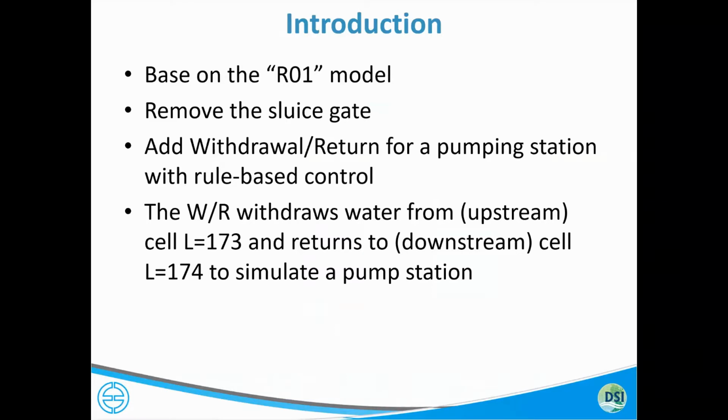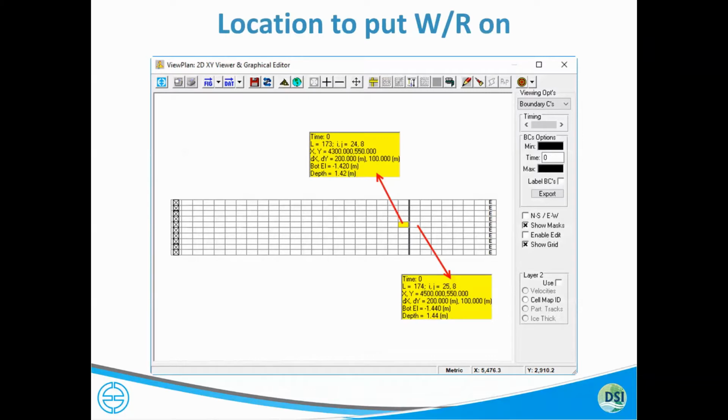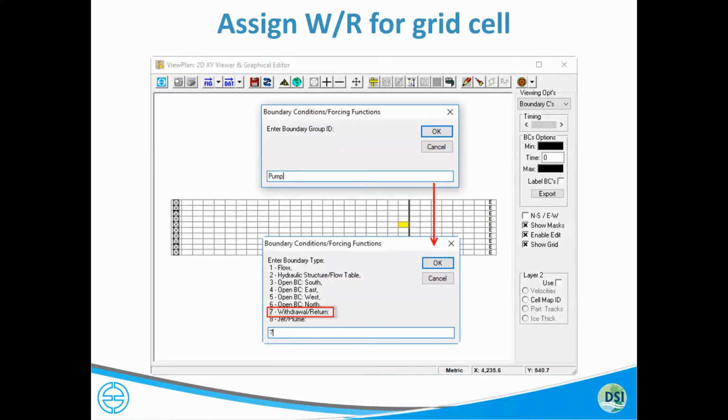So finally, we can set up this pumping system, and it's very similar to the hydraulic structure, but here we're actually using a defined withdrawal return. So we are withdrawing a flow from this cell and discharging it back into this cell with a defined flow rate.